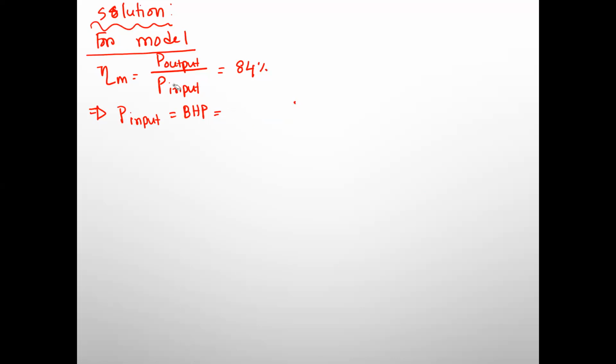So it will be P input equals to P output over 84%. Okay. Now P input can't work with percentage, so I will just convert that into decimal.